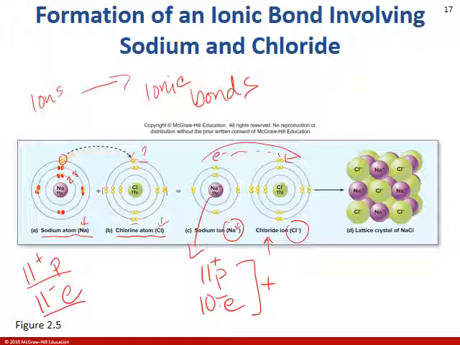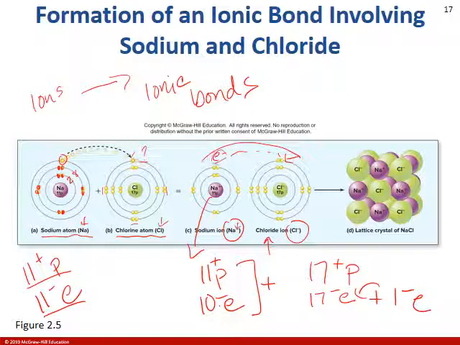What about this chlorine atom that changed to a chloride ion? It had 17 protons and it had 17 electrons, but then it gained one electron, right? This electron from the sodium was transferred to the chlorine atom to make it a chloride ion. So now I have 18 negatives.